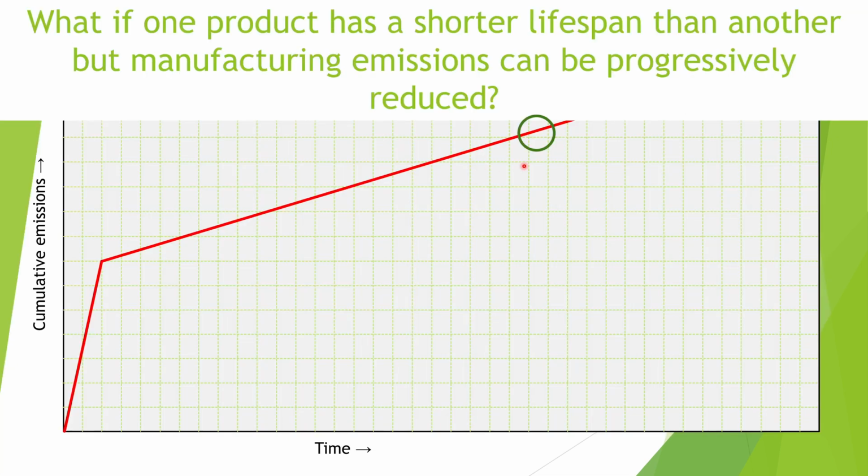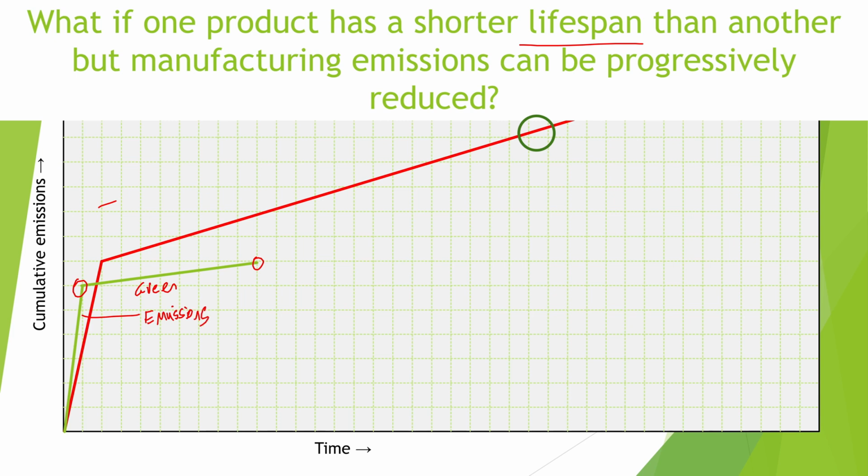Now, what if one product has a shorter lifespan than another product, but its emissions can be progressively reduced? So for example, if we build a product, in this case the green product here, it has a fixed lifespan which is substantially shorter than the red product, and it has some embedded emissions from manufacturing.